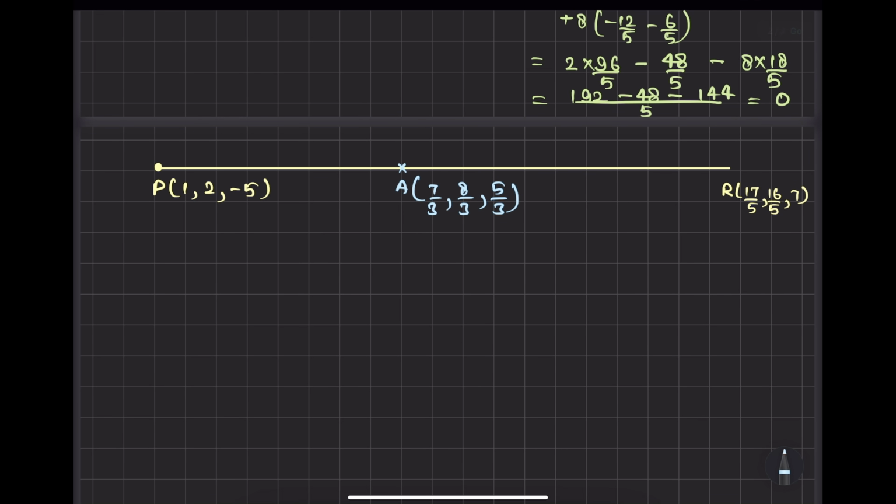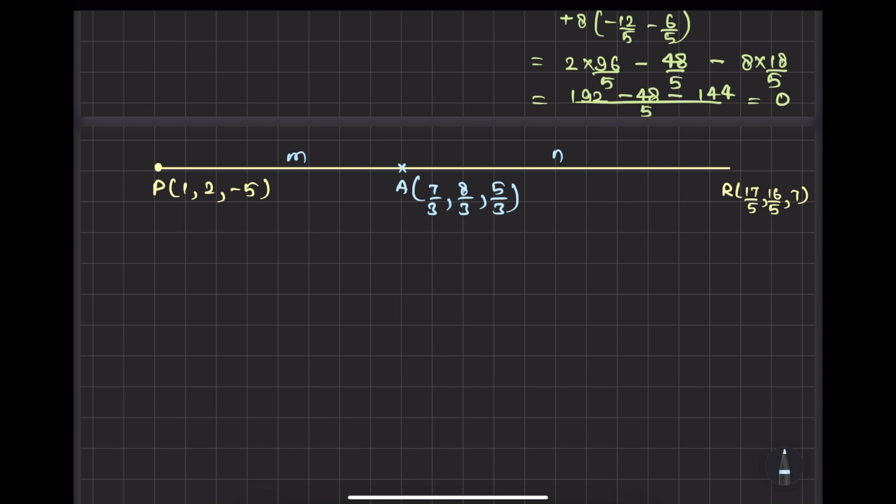Now you need to find out the position vector. Like we need to find out the ratio. Suppose that the ratio is m is to n. You have to find out m is to n. If it is positive, it is internal division. If it is negative, it is external division. Okay. So suppose that I'm interested in finding the x coordinate.